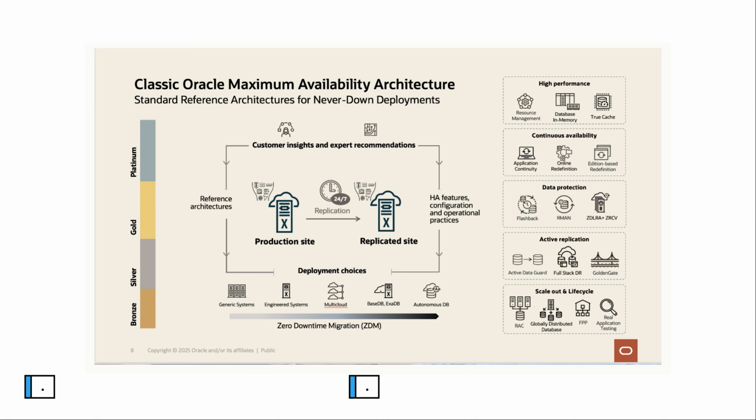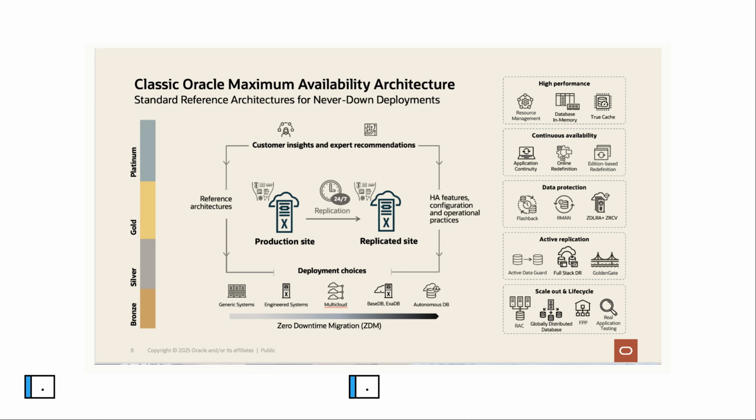If you have your database implemented on-prem, in the cloud, or use a hybrid implementation, or even if you use multi-cloud, that doesn't matter. MAA will work the same way. You can be using also engineered systems or generic hardware on-prem. It's not a problem. You can implement MAA the same way.